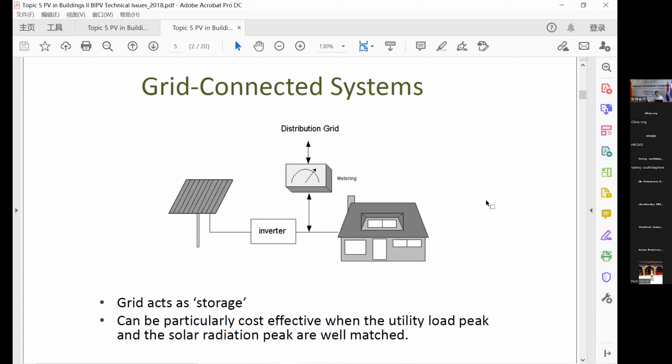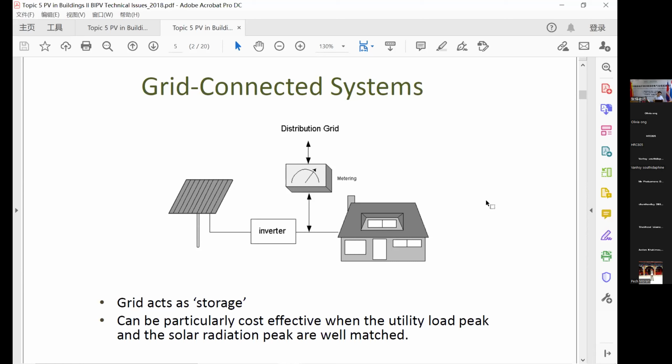But sometimes, for example in some developed countries like Japan, Germany, the Netherlands, especially in European countries, the grid is very wide, and the householder can install the PV panel on the rooftop, as we said in the previous section, and the PV generated power can be used by the household by themselves.